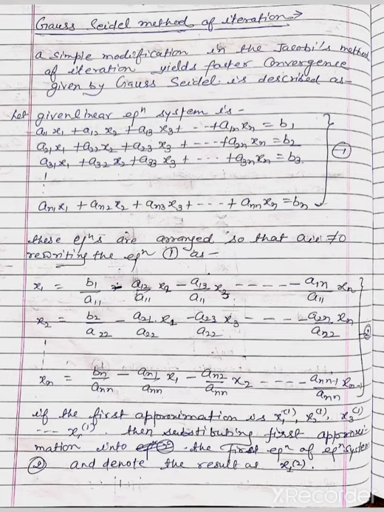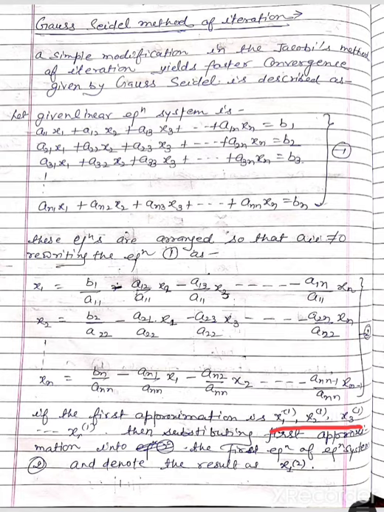Now if the first approximation is known and is given by x1 with superscript 1, x2 with superscript 1, x3 with superscript 1, here the superscript represents the first approximation.